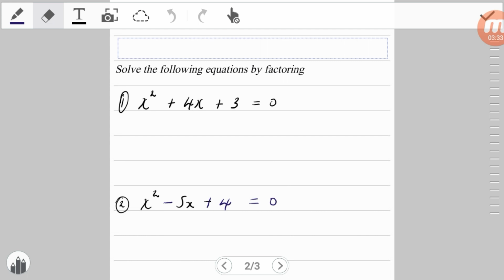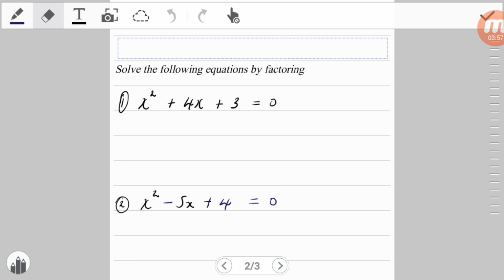You would already be familiar with factoring quadratic expressions, so we're going to use that technique to solve the quadratic equation in this tutorial.